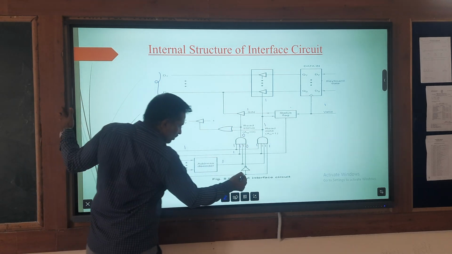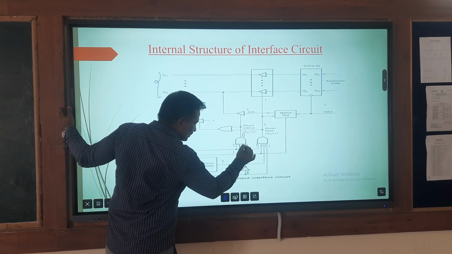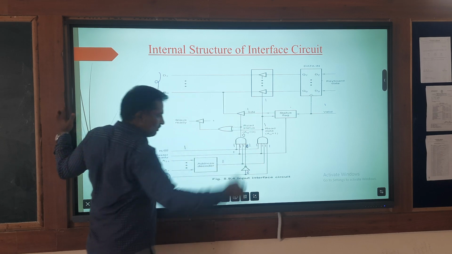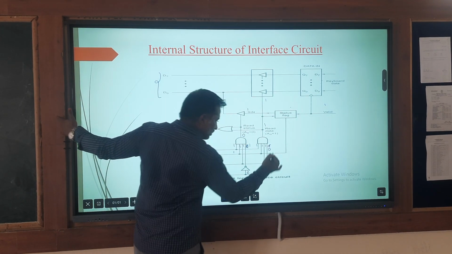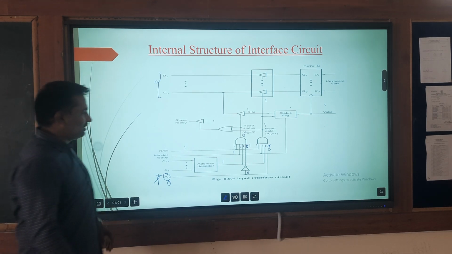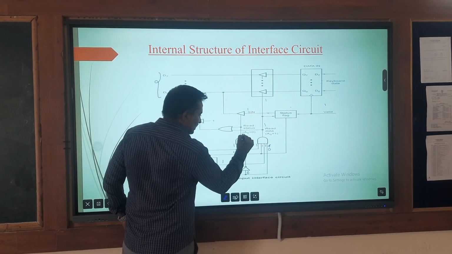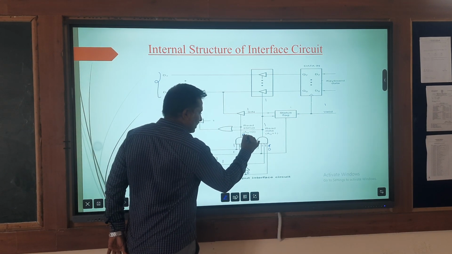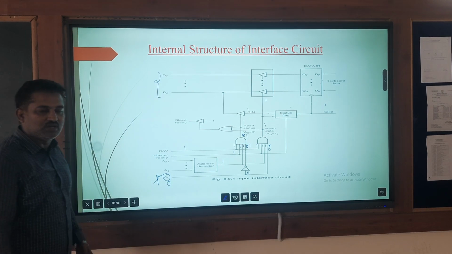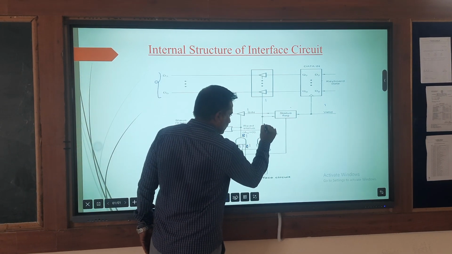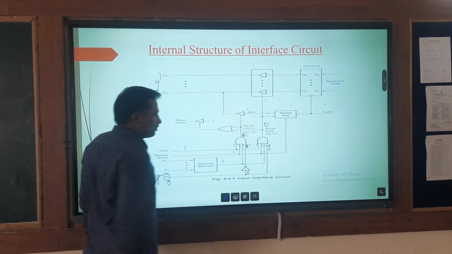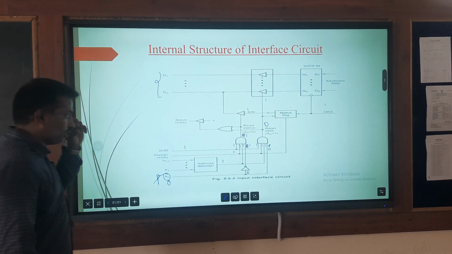So it is 0, then this one will become 1, instead of 0 it will become 1, and instead of 1 it will become 0. Then what happened? All the inputs of the AND gate will become 1. Then the output of the AND gate will become 1. One of the inputs of the AND gate is equal to 0. Then the output of the AND gate is also equal to 0.